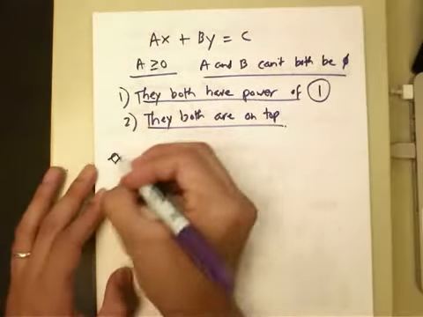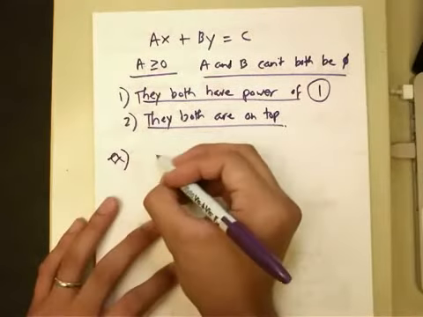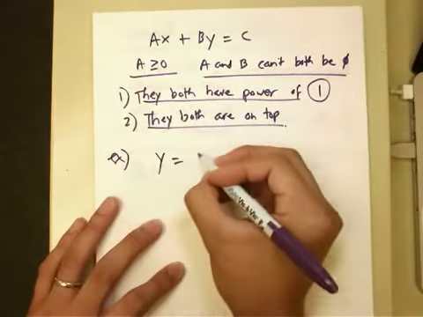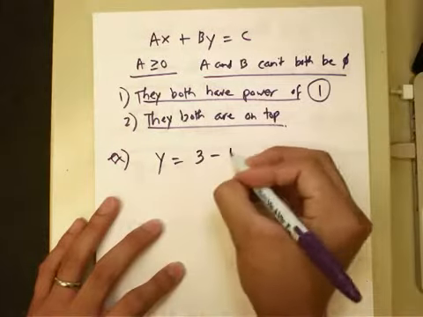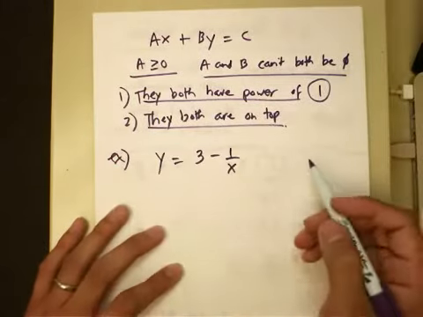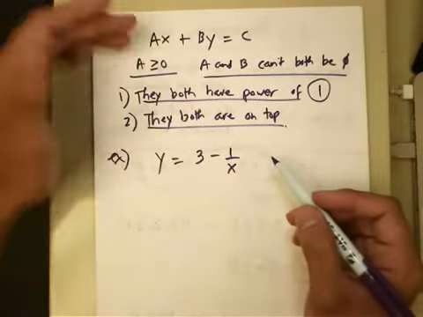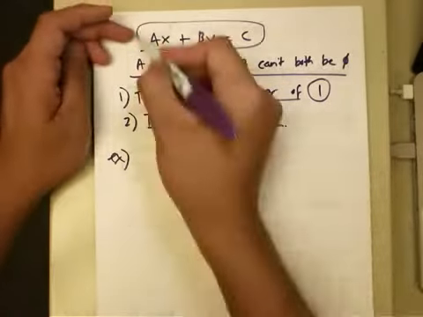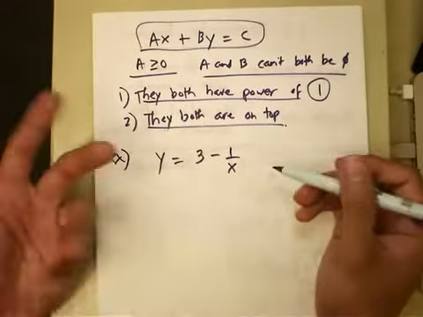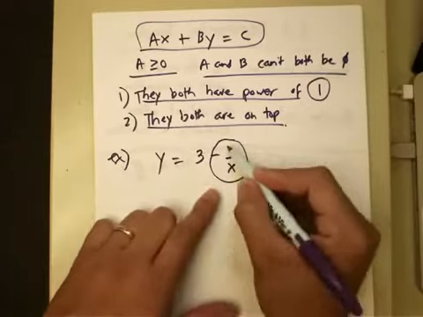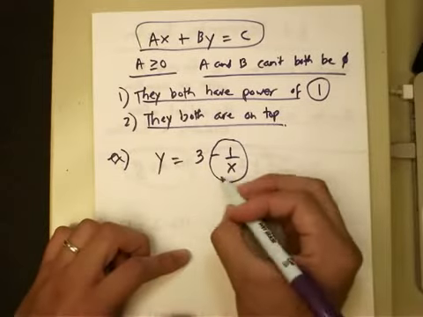So let's take a look at this example right here. Imagine I have y equals 3 minus 1 over x. Then you're going to ask yourself, can I somehow put this back into the standard form? Well, we want x and y on one side, so we need to move this whole thing over. Let's add it over.